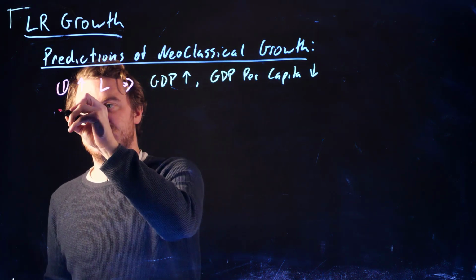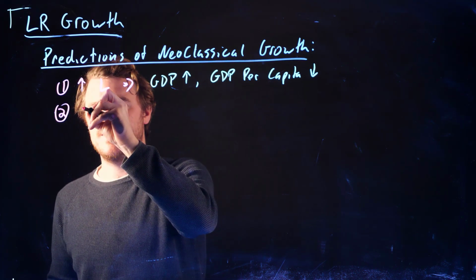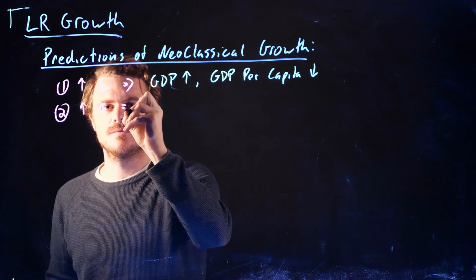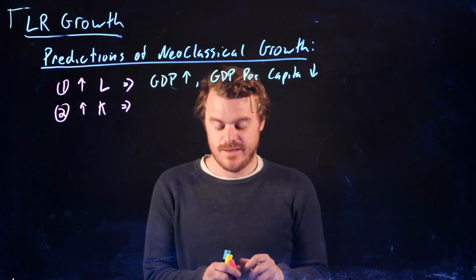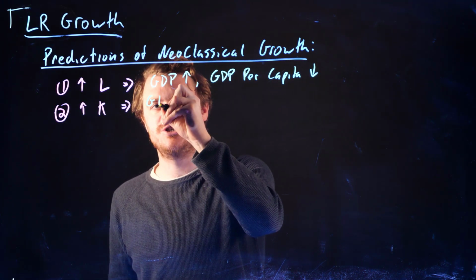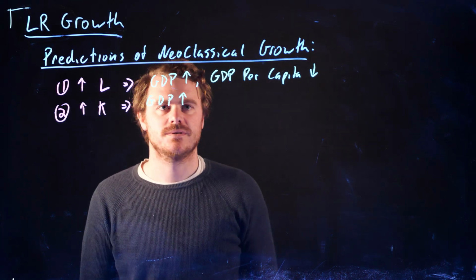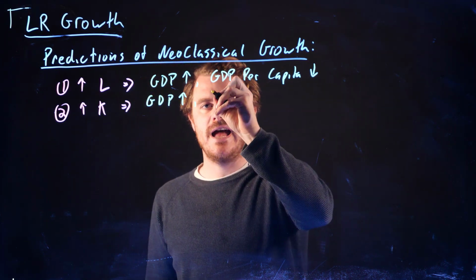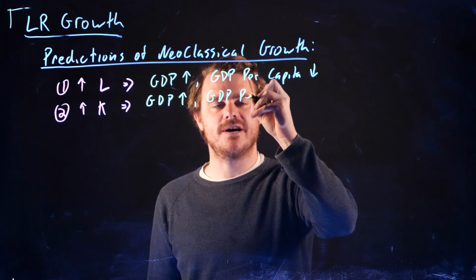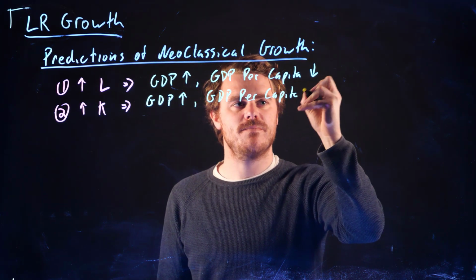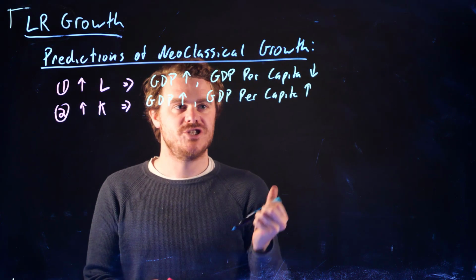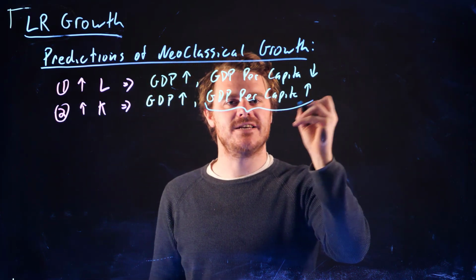The second prediction is if we increase capital, then GDP is going to go up, and GDP per capita is also going to go up, but at a decreasing rate.